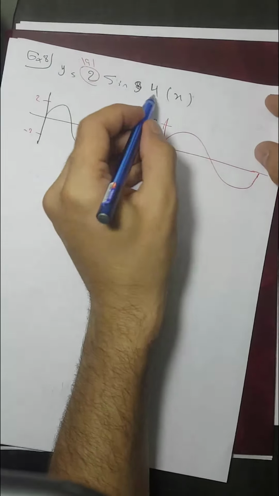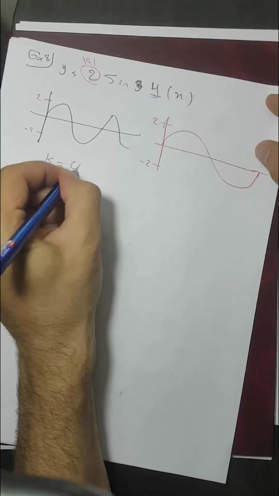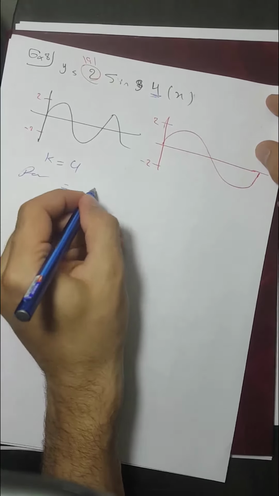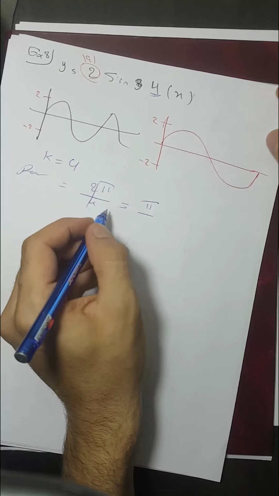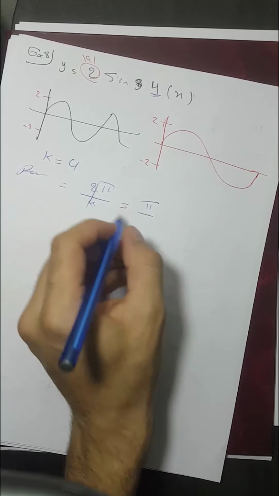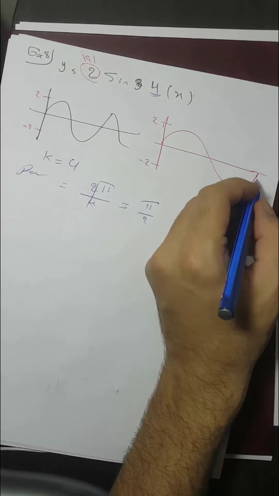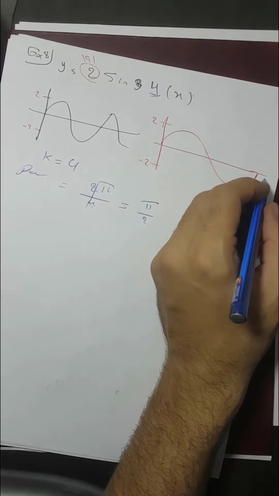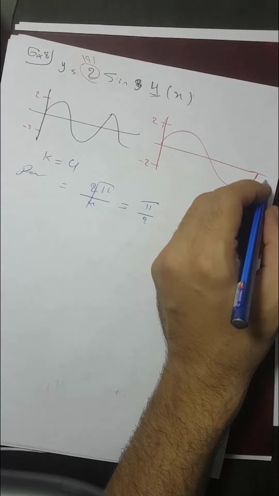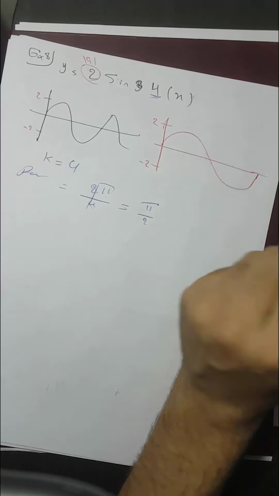The period, k is equal to 4. So the period is equal to 2 pi over 4, which is equal to pi over 2. So here it will be 2 pi over k.